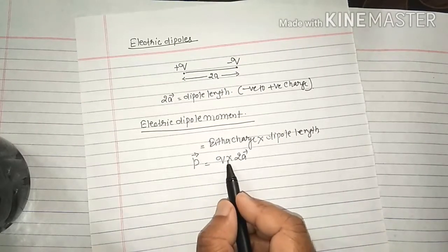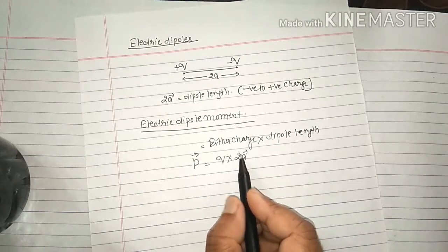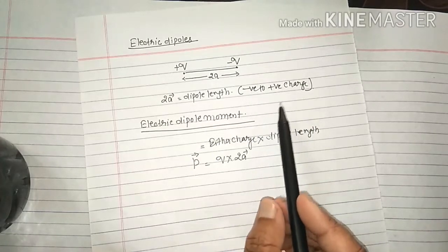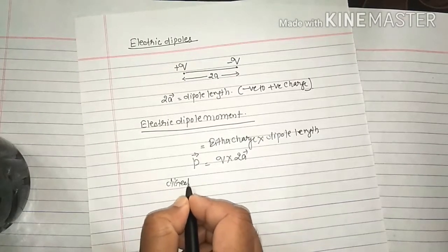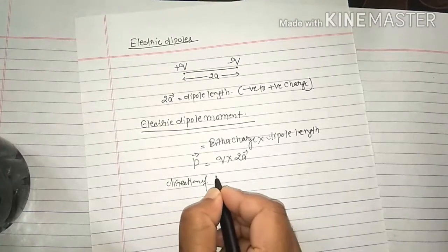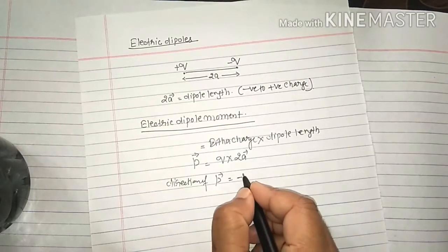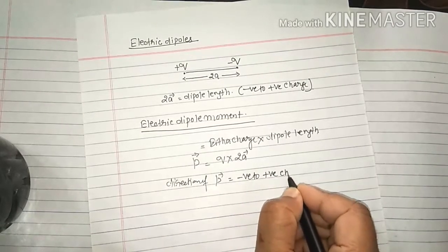This P is directly proportional to the dipole length, which is a vector quantity, and the direction of this dipole length is always from negative charge to positive charge. Therefore, the direction of this dipole moment will also be from negative charge to positive charge.